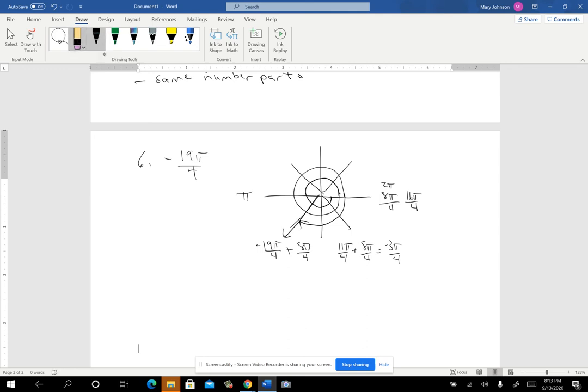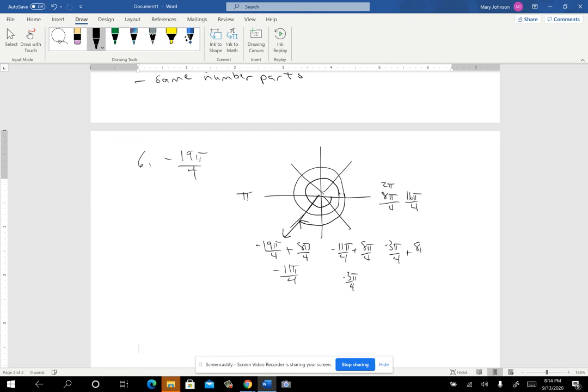Let me change the size of my eraser a little bit, I got it too big. All right, so that one's a negative 11 pi over 4. And then if I did negative 11 pi over 4 plus 8 pi over 4, I'd be at negative 3 pi over 4.